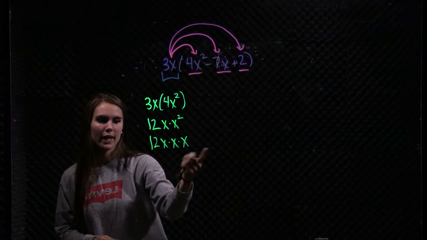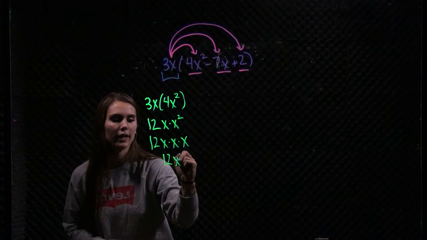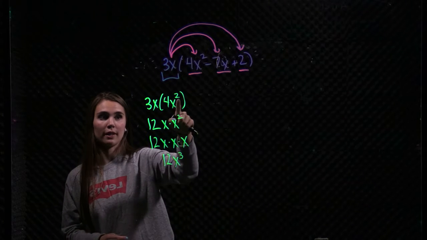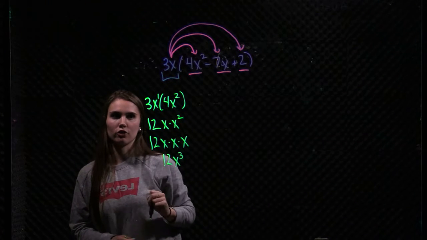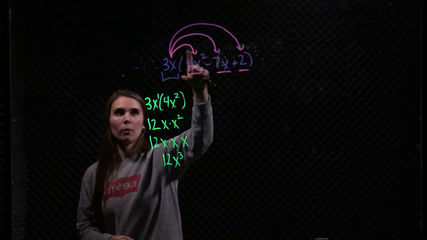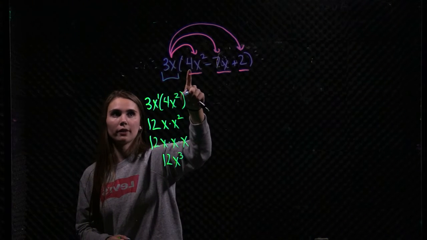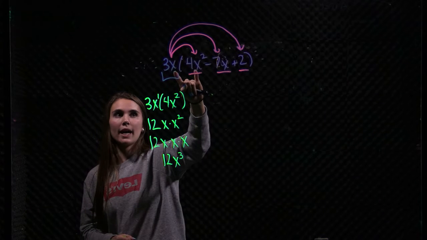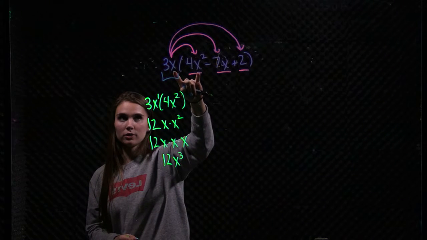So we have 3 x's, so we can just simplify that to 12x cubed, which is the same as saying 2 plus this understood 1. So when we multiply individual polynomials together, we multiply the coefficients, and then we add the exponents of the variables.